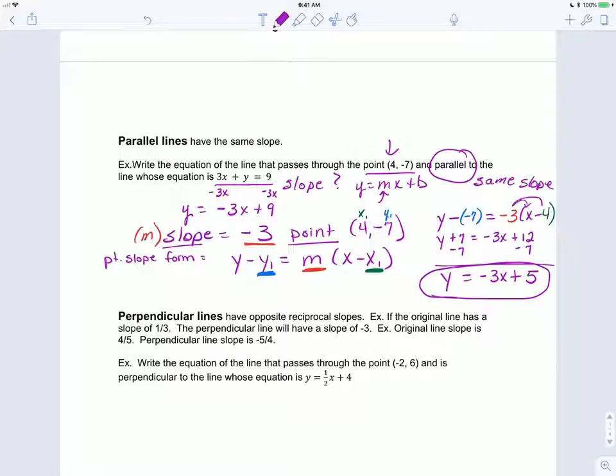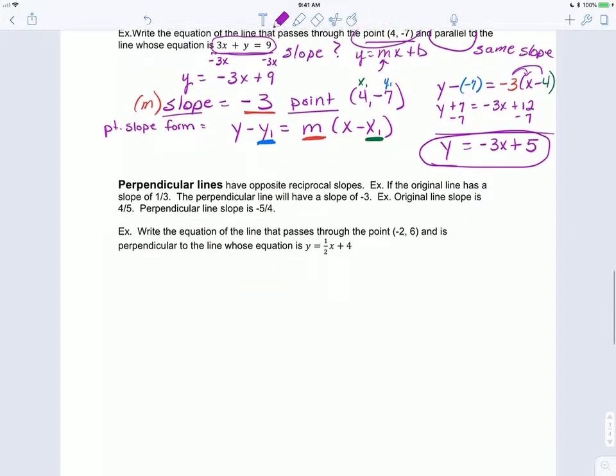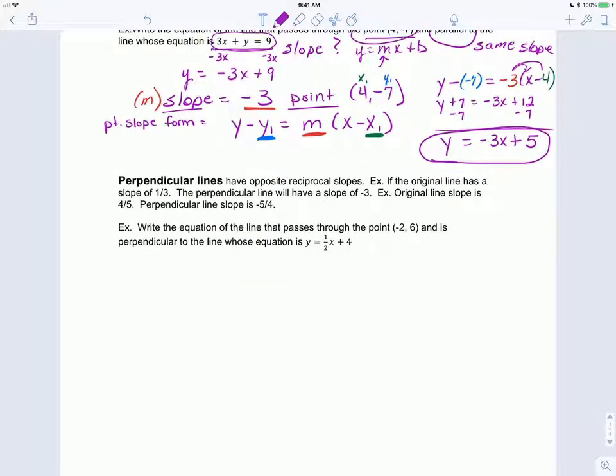That's parallel to this line, but passes through this point. All right, so same thing on a perpendicular line, except we have opposite reciprocal slopes. So, again, maybe you've practiced this. If the original line has a slope of 1/3, then a perpendicular line is going to be -3.